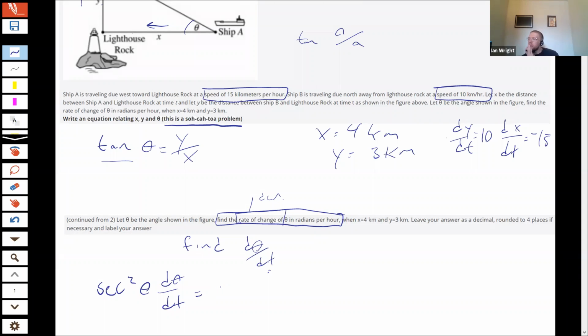Now, we have y over x on the right. So which derivative rule do we need for y over x? I think this is where some people got stuck.